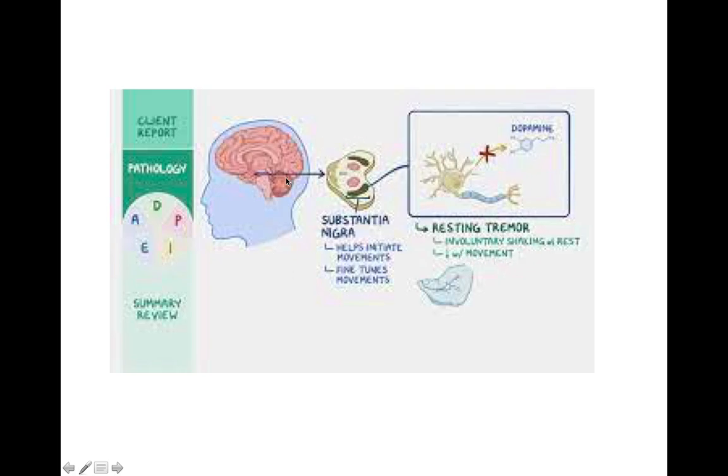Okay, so this is the basic pathology that has been described. Deficiency of the dopaminergic nerve cells in the substantia nigra has been the concept for a long time, resulting in Parkinson disease.